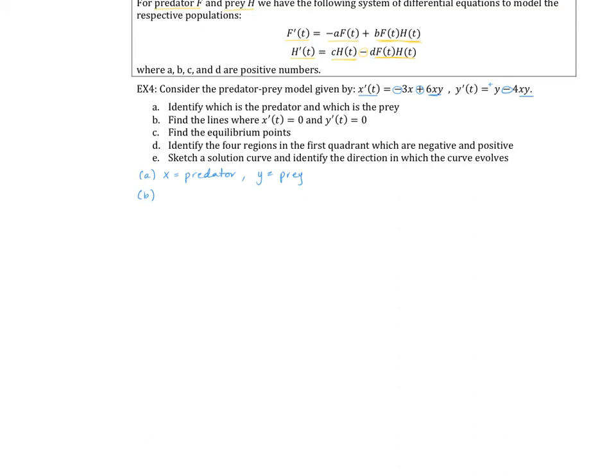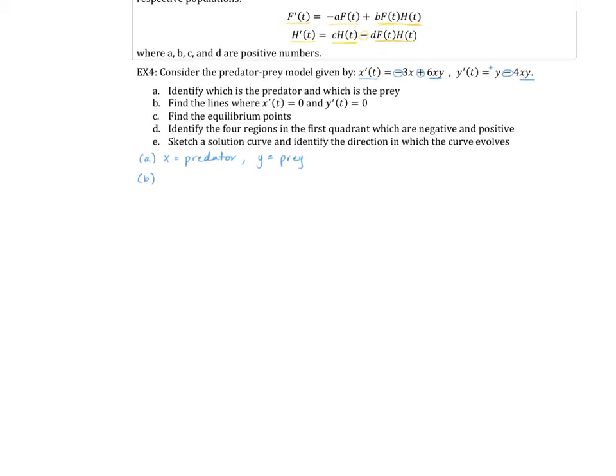Our goal here is to be able to graph a direction field modeling predator and prey. So the first thing we want to do is figure out equilibrium solutions where these differential equations are equal to 0.